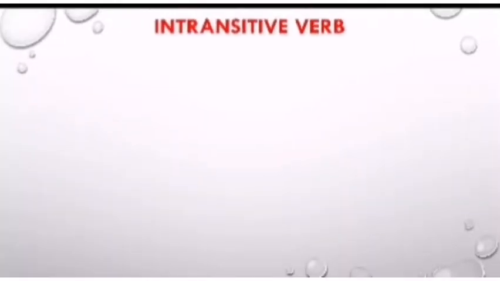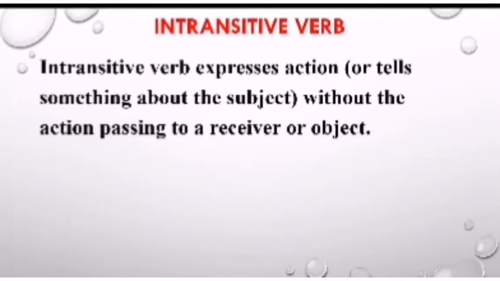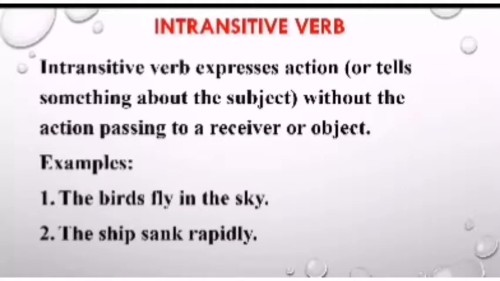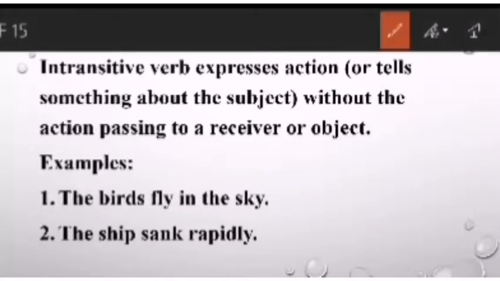Now, intransitive verb. Intransitive verb expresses action or tells something about the subject without the action passing to receiver or object. Example, the birds fly in the sky. Second example, the ship sank rapidly. Now, in both these sentences, you can see fly and sank because that is the action taken place.